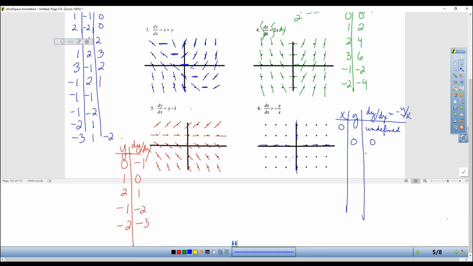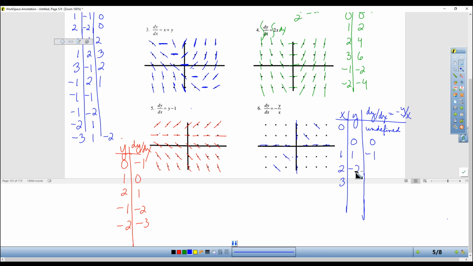All right, so now let's do some nice easy points. When you have the two numbers the same, 1, 1, 2, 2, 3, 3, that's always going to produce a slope of negative 1. So 1, 1, 2, 2. I don't have 3, 3 on there. Negative 1, negative 1, negative 2, negative 2. Then what about if we make them opposite?